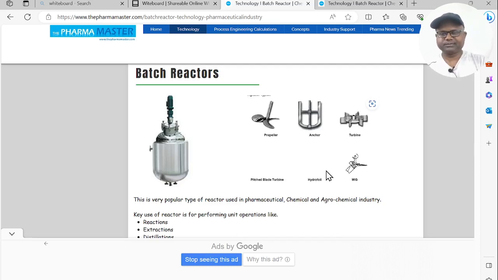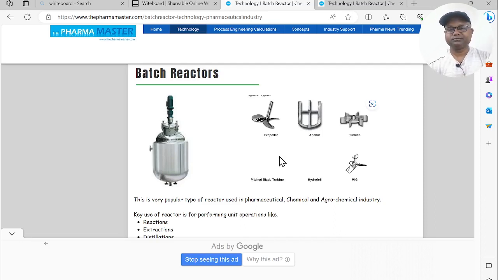Now, if you are transferring any reaction or any extraction application from one reactor to another reactor, then in that case we need to calculate the tip velocity. But will the tip velocity calculated for this type of agitator work for this one?